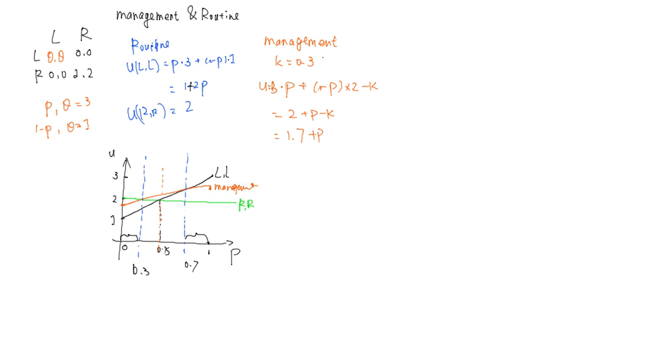But management is not necessarily always good. Now let's say I charge you 0.7, so now my value is going to be 1.3 plus p. So I will get something like 1.3 to 2.3.